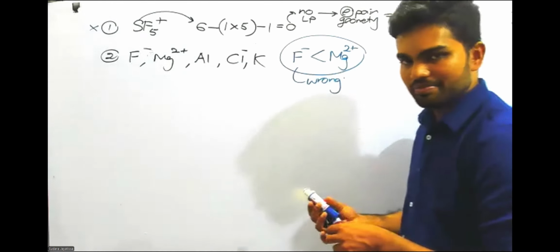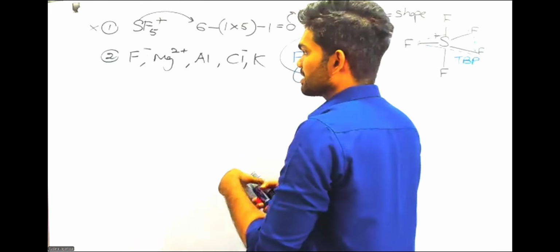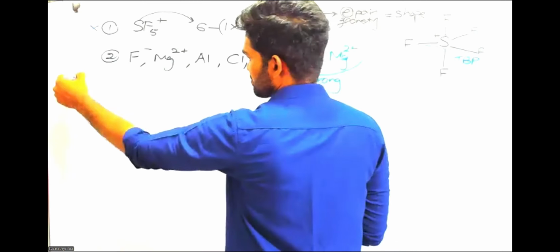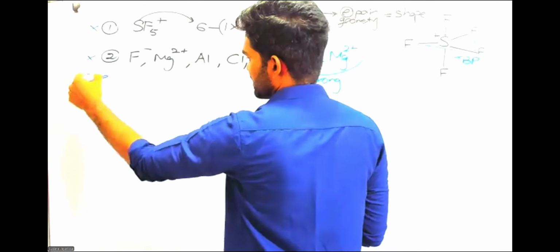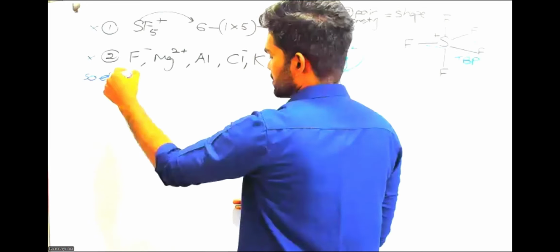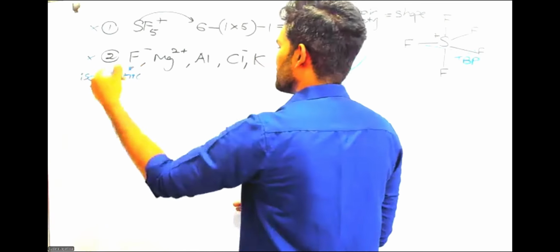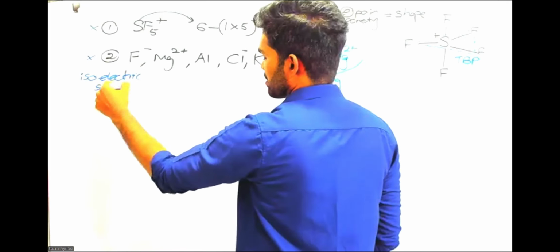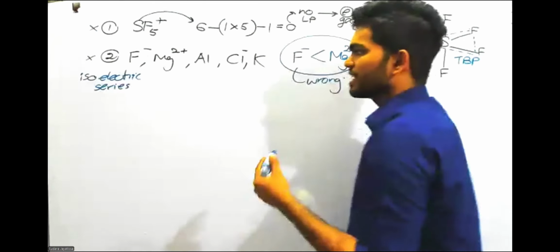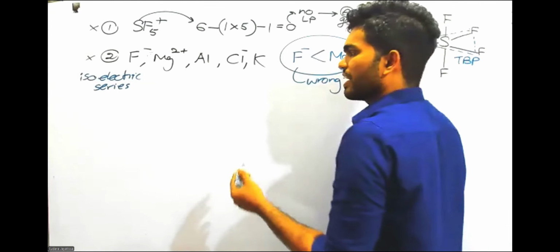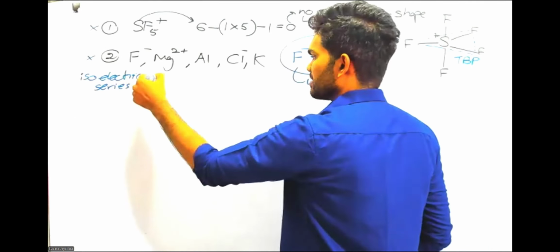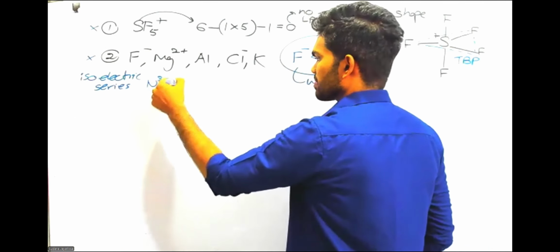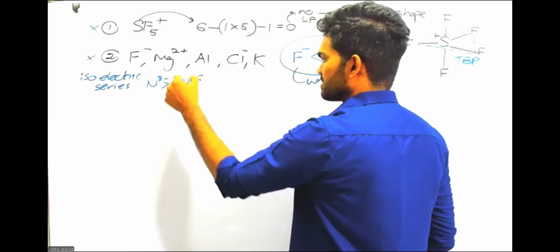What is the theory? Remember the isoelectronic series? People call this by different names. But anyway, it tells you the radii arrangement of anions and cations. So N3 minus, O2 minus, F minus.